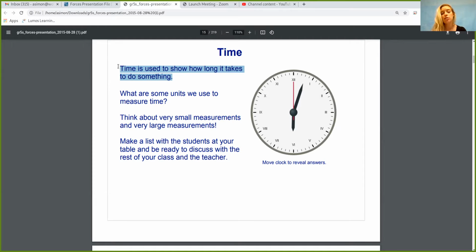Those are very small measurements for time. But then we can also have larger measurements, which are going to be hours, days, years, even things we call centuries, which are hundreds of years. So we have very small units of measure for time, like seconds, and very large measures of time, like years. But again, time is just how long it takes to do something.